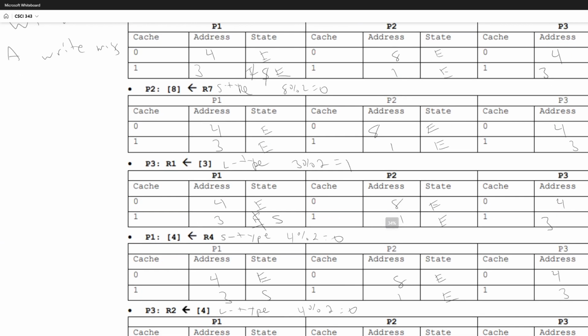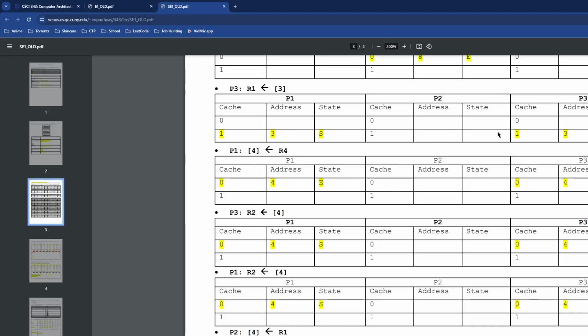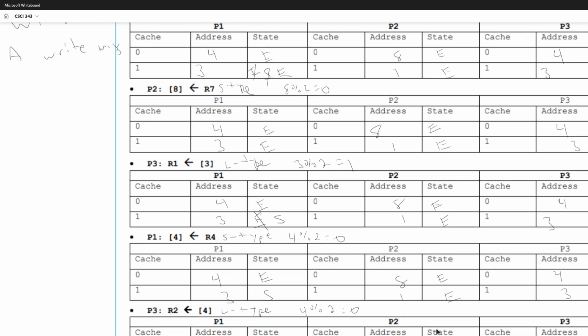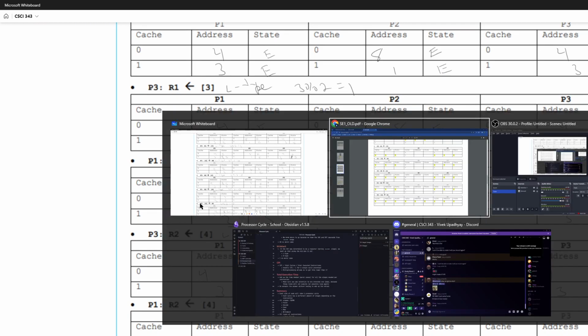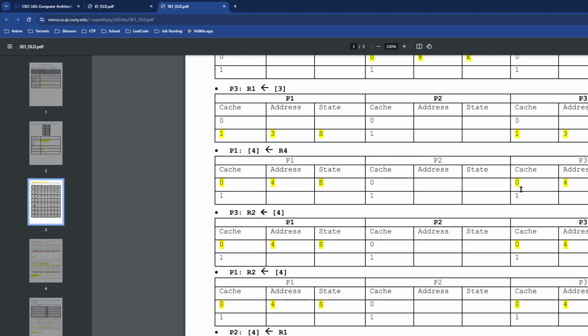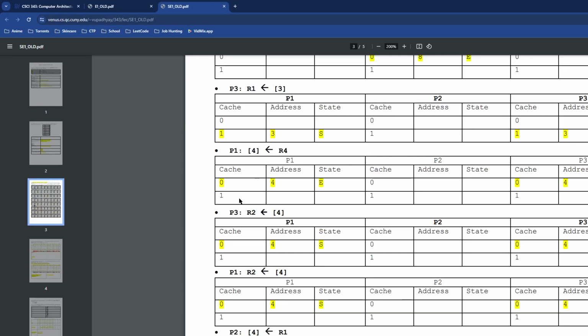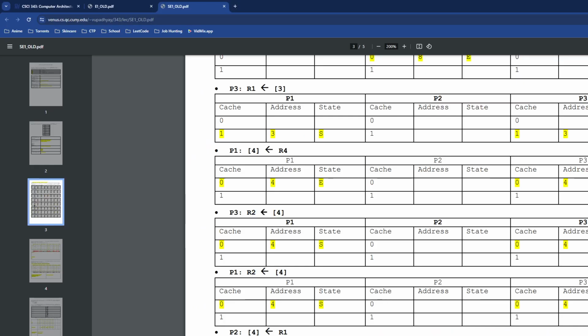That's this line here. And also shared here. Yeah, shared and shared. And then after that, there's this line, and that is what's changed. 4 is invalid. So nothing changed.